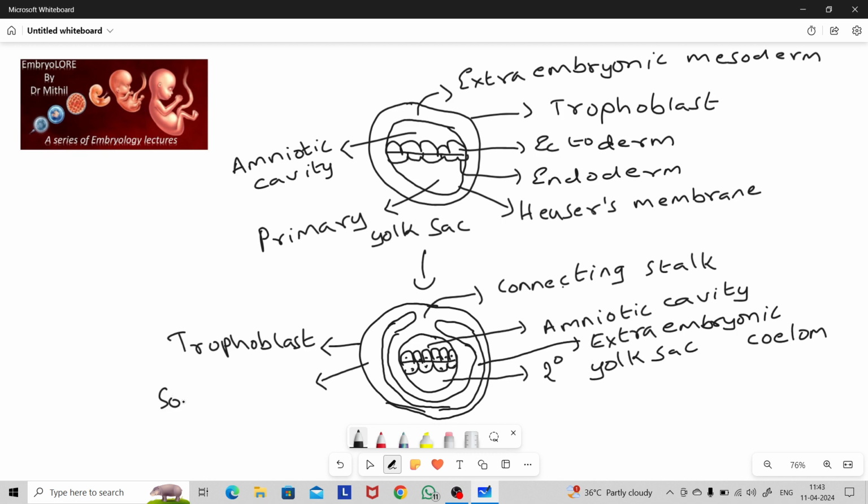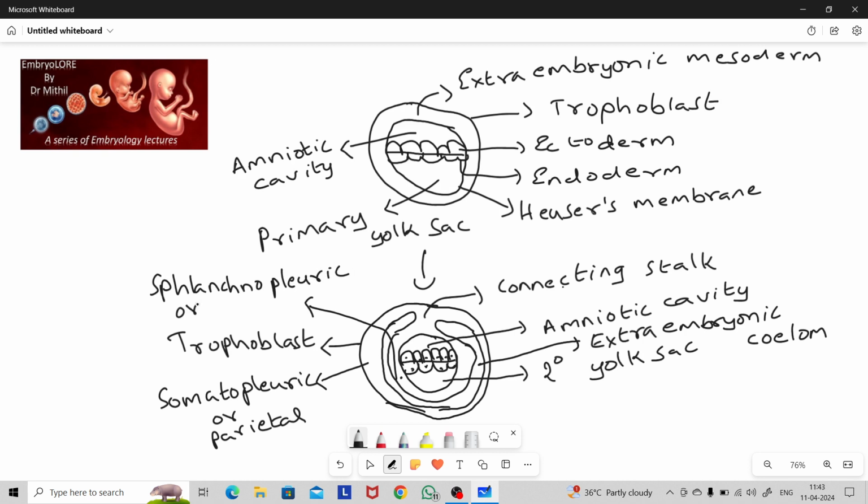So let me write it. That is the somatopleuric or parietal, the one which is lining the trophoblast. And the other one, the region lining the yolk sac, is called the splanchnopleuric layer, or visceral layer.